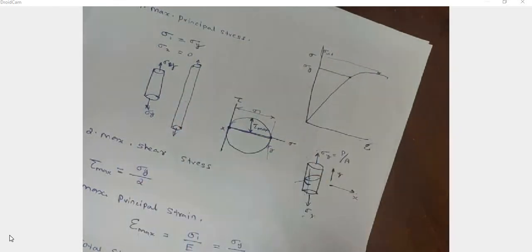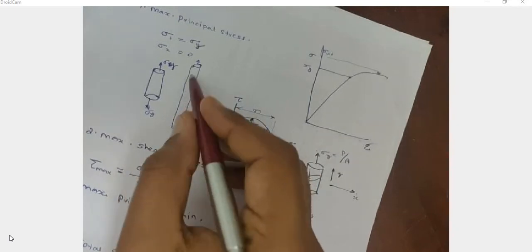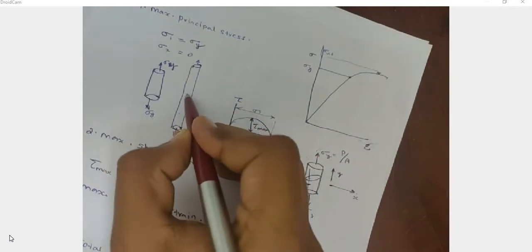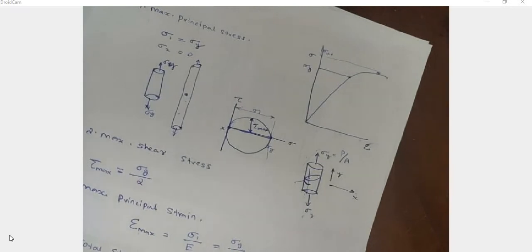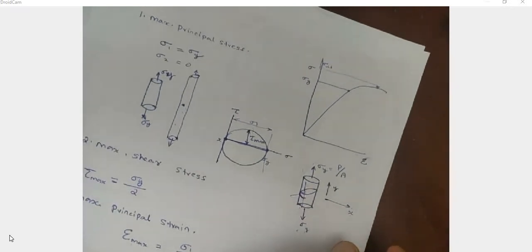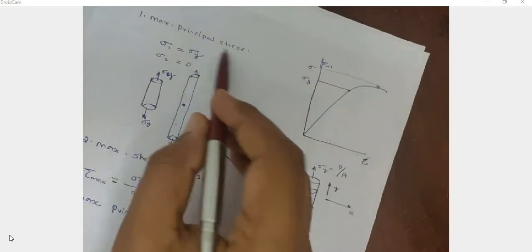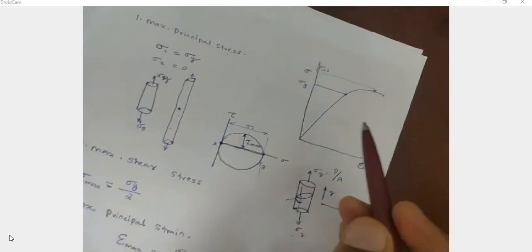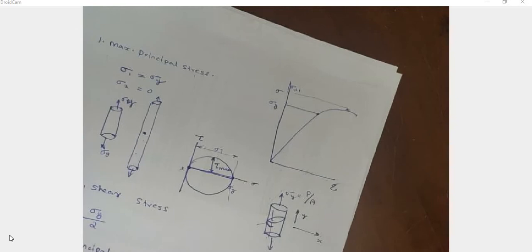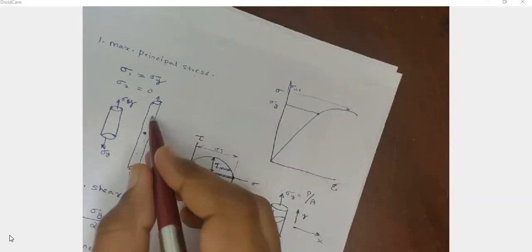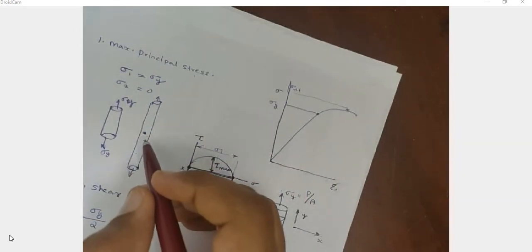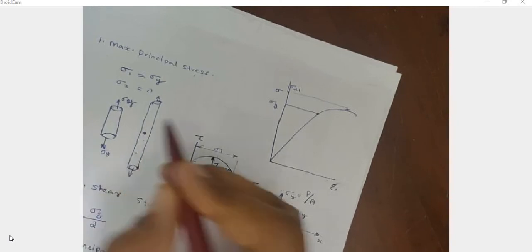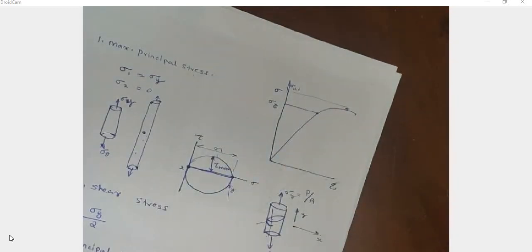The reason is that at any point on this body, a principal stress is developed, and when this maximum principal stress attains the sigma y value of the material, then there will be yielding. So that is the first case.